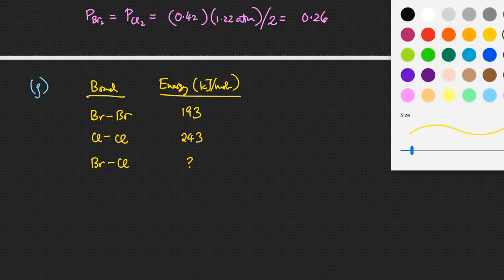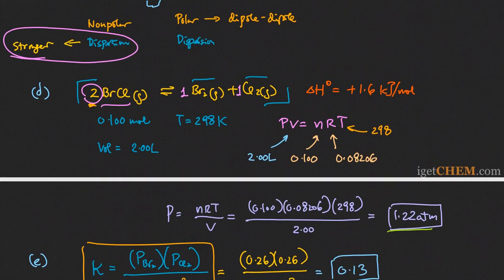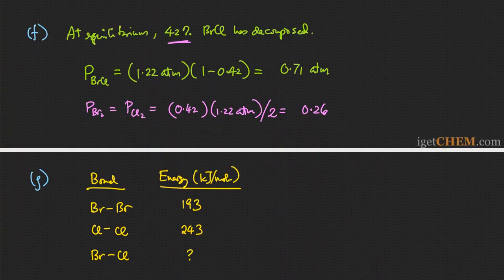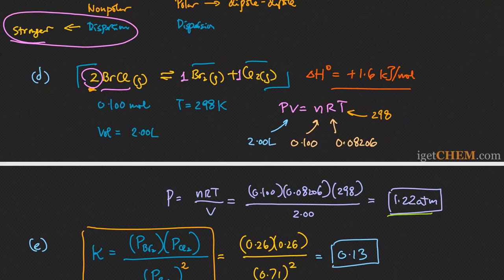If you remember earlier, we have the delta H for this reaction right there. So let me point that out again. I'm going to write that down with part G so that you can see what's going on. But in this case, what we want to do is to notice that the delta H of this reaction is known.